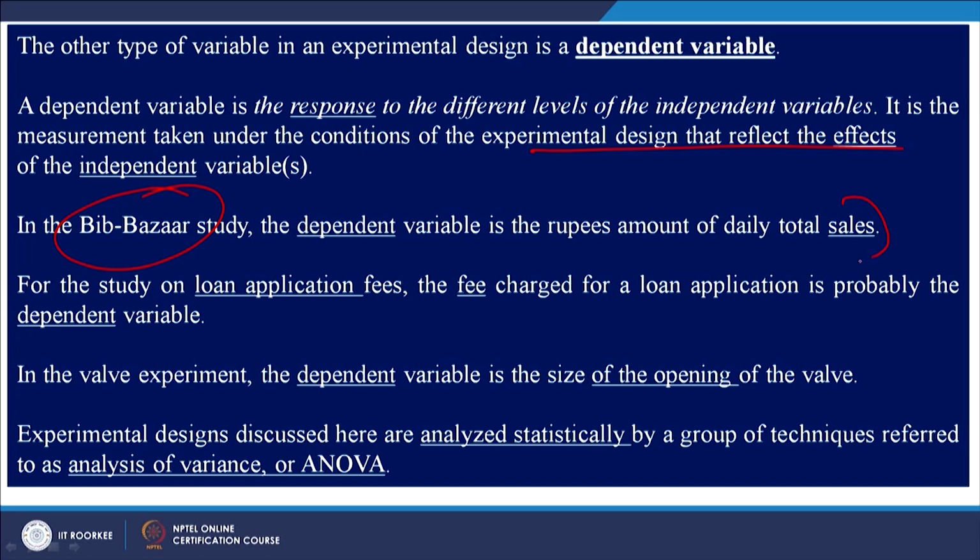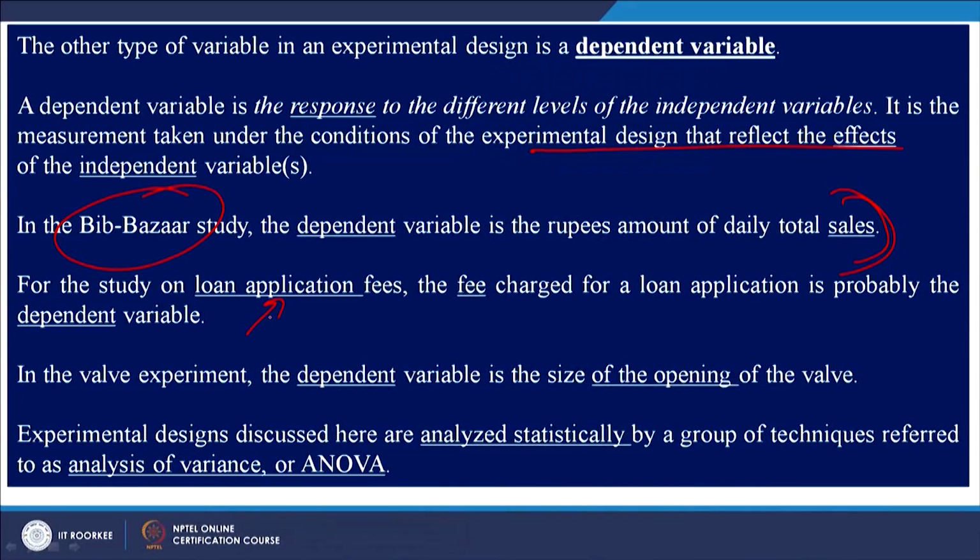We can have one more example over here. Let us say in a store of Big Bazaar, or any other store for that matter, customers are paying their bills through cash, debit card, credit card or some other means.